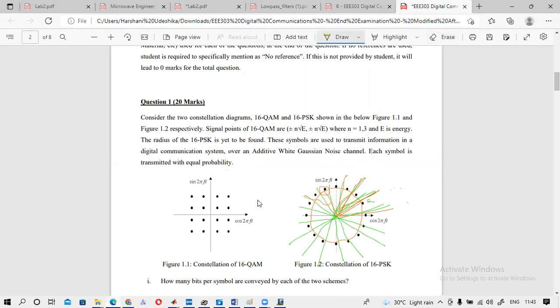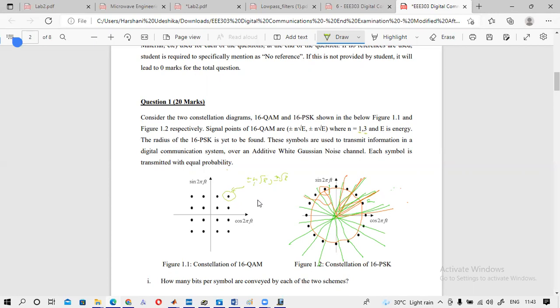If you consider any symbol, it is in this form: plus or minus n root t, plus or minus n root t. So this n should be 1 or 3.